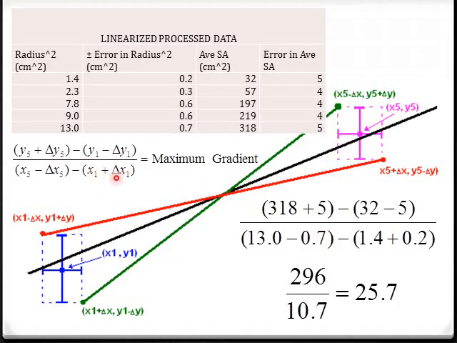And then it says you subtract it from the first point, which is x1 plus delta x1, plus its uncertainty. So this should say 1.4 plus 0.2.